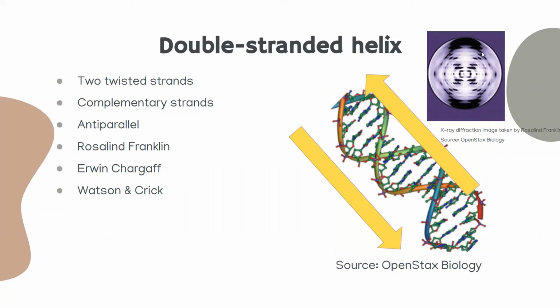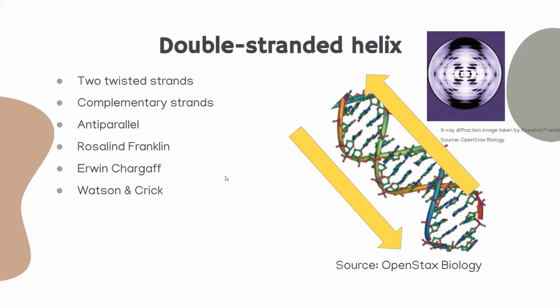And deducing from this, and from the fact that Erwin Chargaff found that how much adenine and thymine is in a single DNA is very similar. It's equal, and how much G and how much C takes up in the whole DNA is equal.